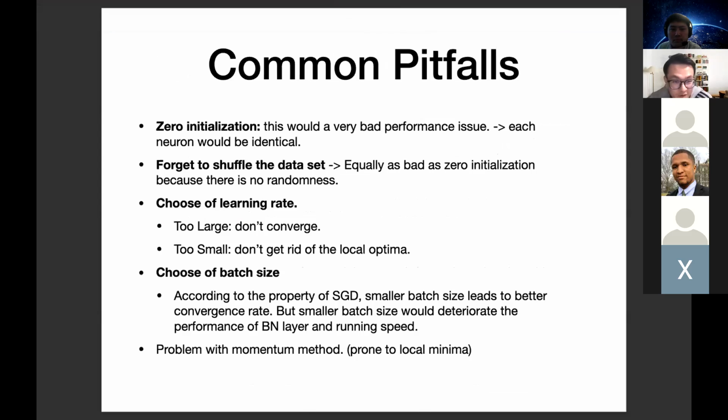Next, I will talk more about common pitfalls. The first, I guess, is zero initialization. This would give very bad performance, because if you initialize each neuron with zero, each neuron would be identical, which is not beneficial to your performance.